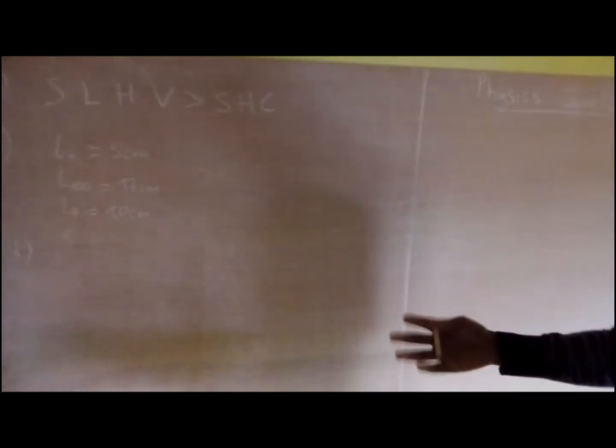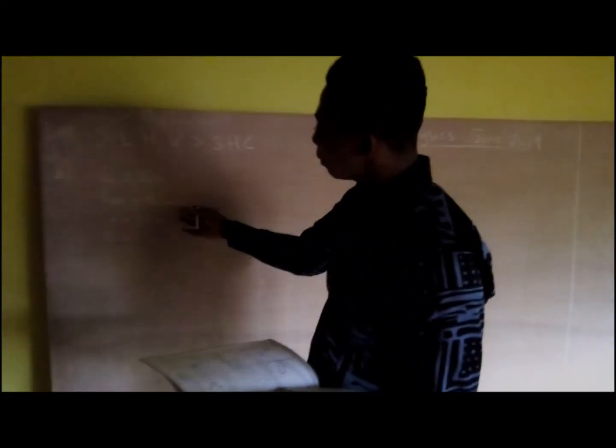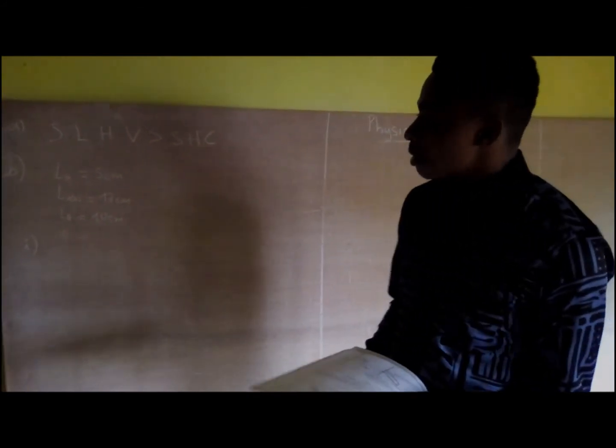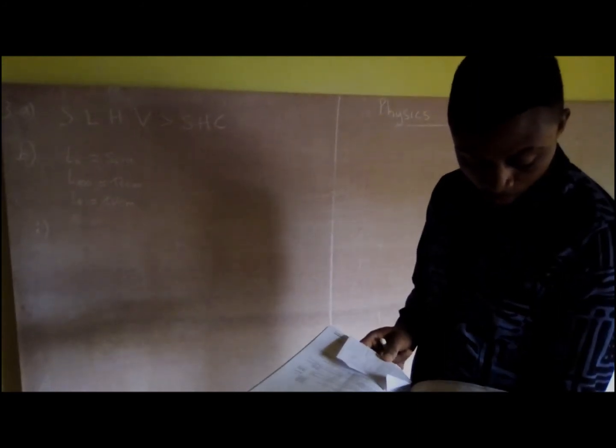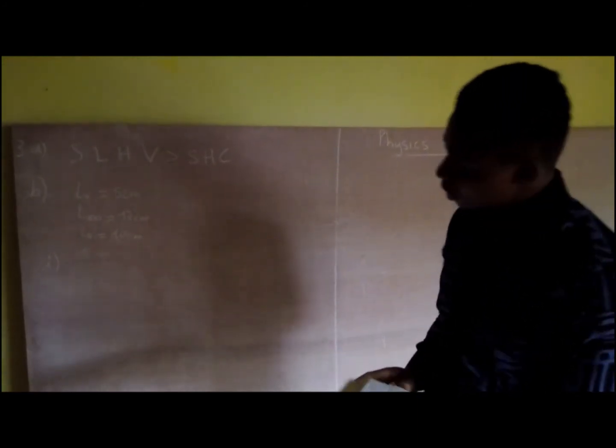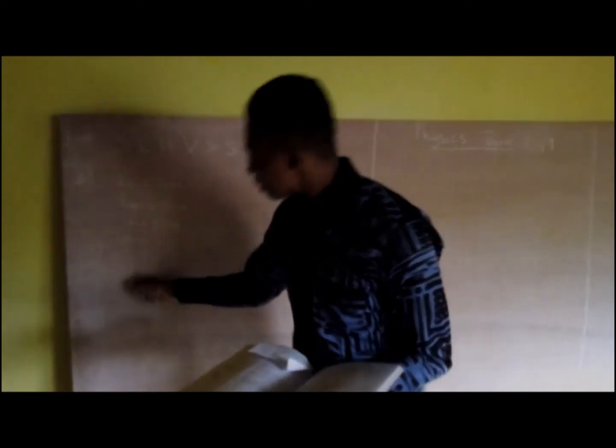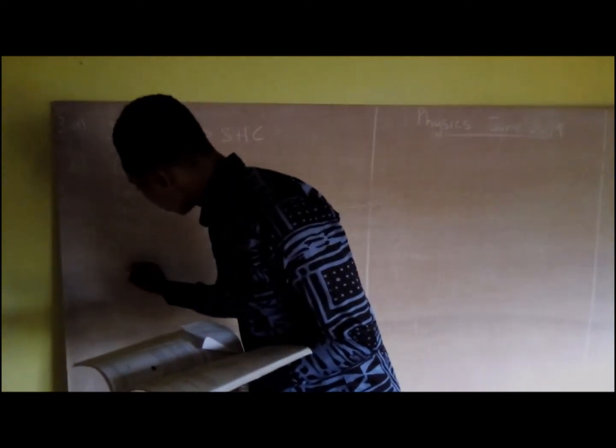So, the thermometric property is just the change in volume or the length of the liquid column. That is just the property. Now, the second question says, calculate the unknown temperature theta. Here is theta, the unknown temperature.